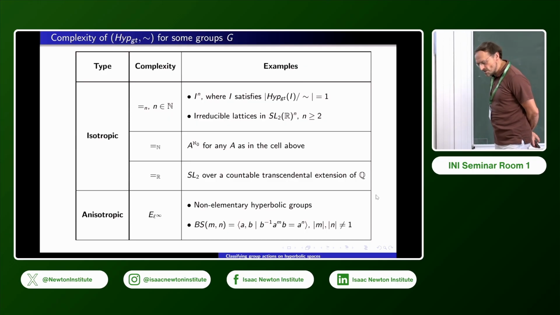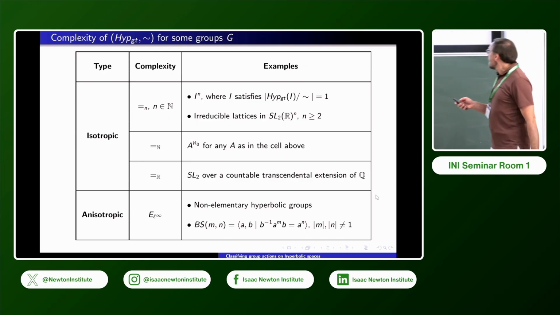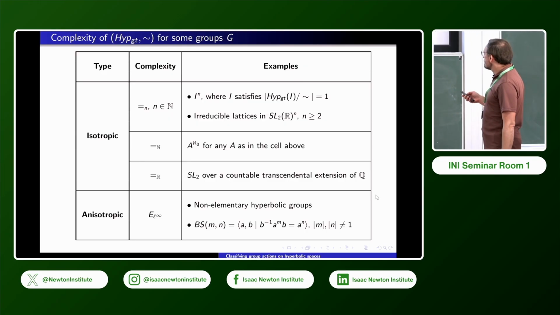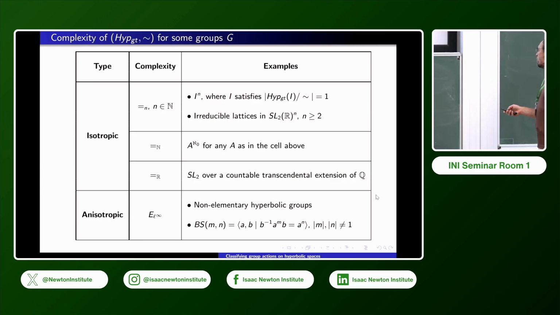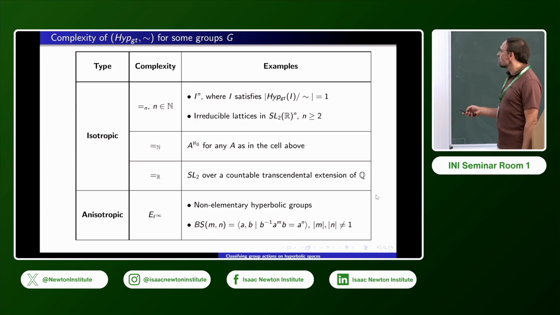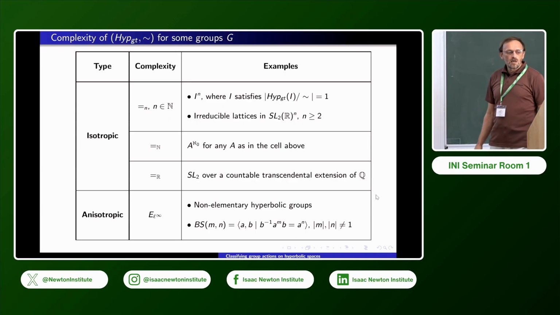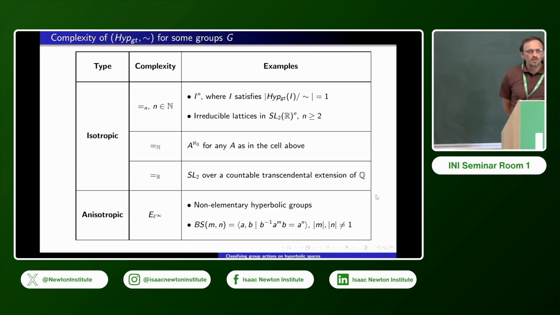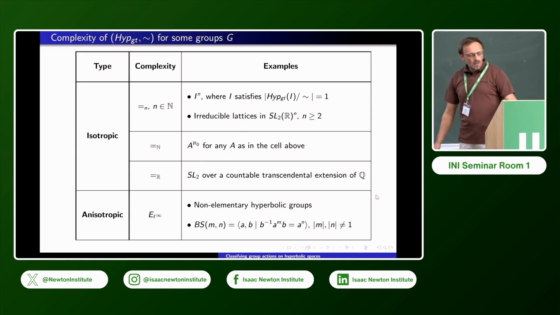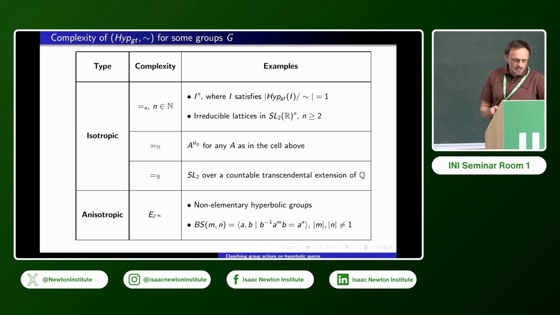If you don't know what that is, just ignore it. But anyway, any non-elementary hyperbolic or acylindrically hyperbolic group would work. Or you can also consider Baumslag-Solitar groups, which are very far from being hyperbolic or acylindrically hyperbolic. They also realize the same level of complexity of the classification problem.